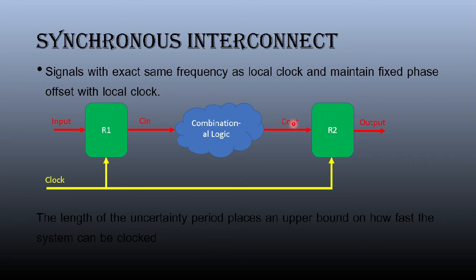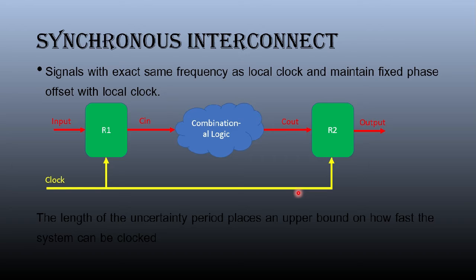And if you observe this Cout, there is a restriction for Cout to enter register R2. That restriction is provided by this local clock again. And there is one more thing, which is the period for which Cout is valid. That is also decided by this clock, right? That in turn boils down to setup and hold timing.